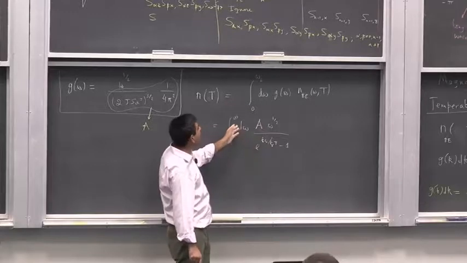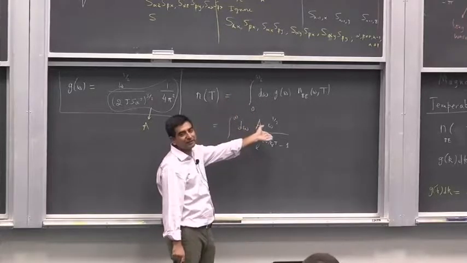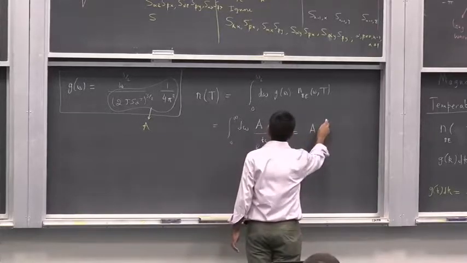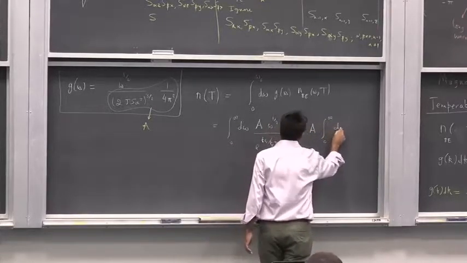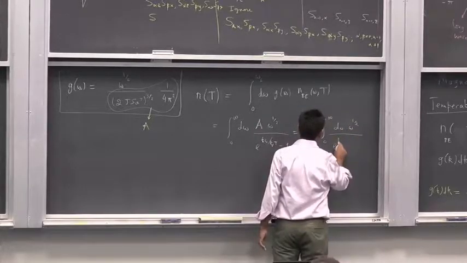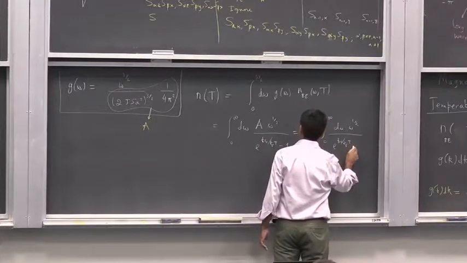So I might as well go up to infinity so that I can solve this integral. So this becomes A, integral from 0 to infinity d omega, omega to the 1/2 over e raised to h bar omega over kBT minus 1.